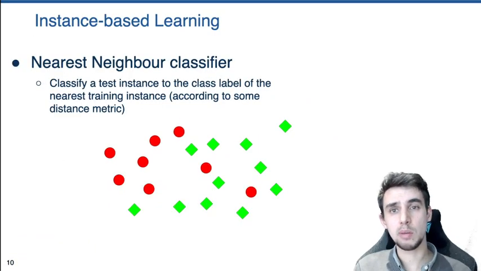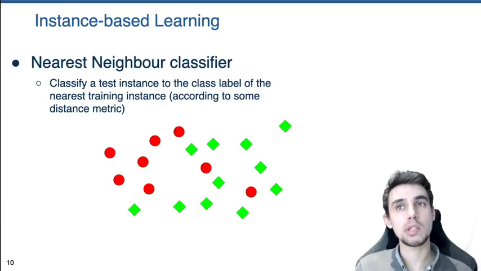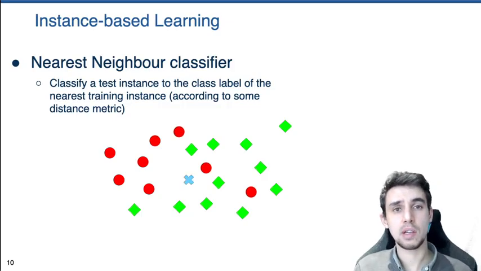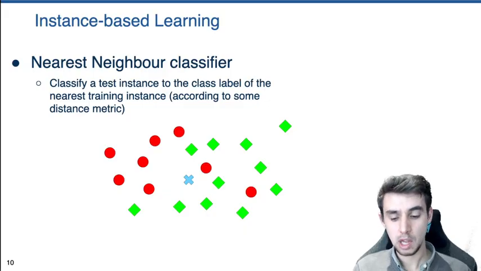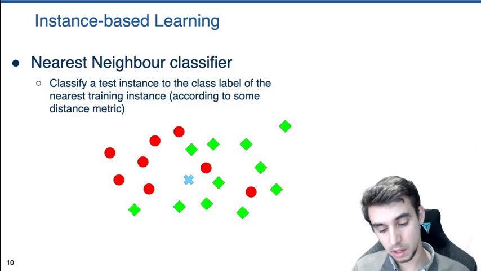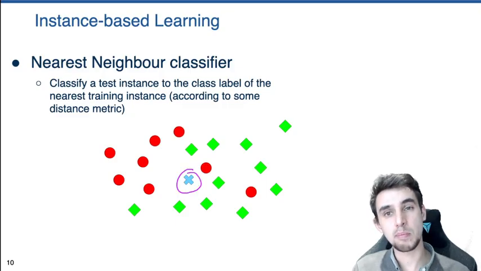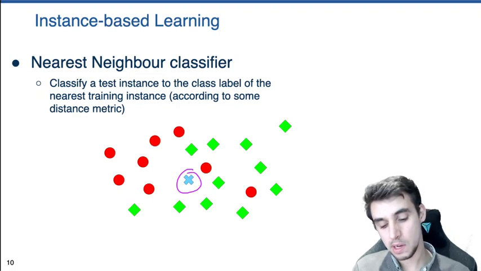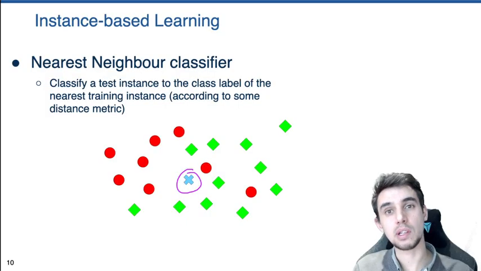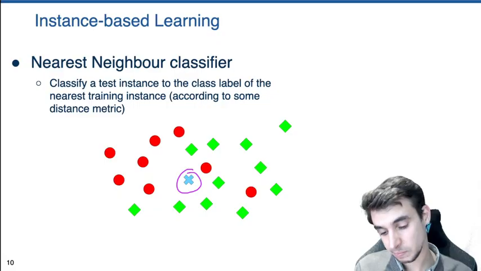Before talking about the k-nearest neighbor algorithm, let's start with the one nearest neighbor algorithm. As I said, it's a classification algorithm, so if we have a query sample like this blue cross, we need to know if it's part of the red dot class or the green square class.